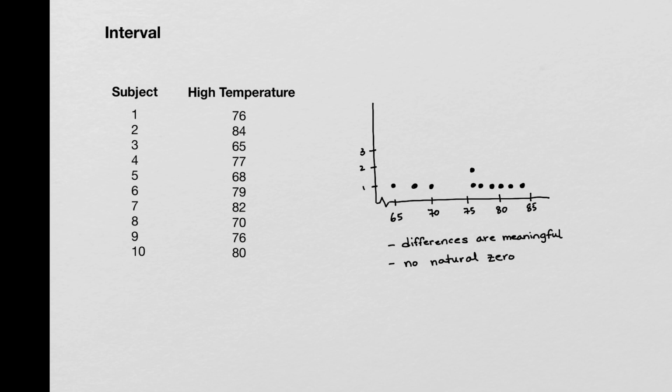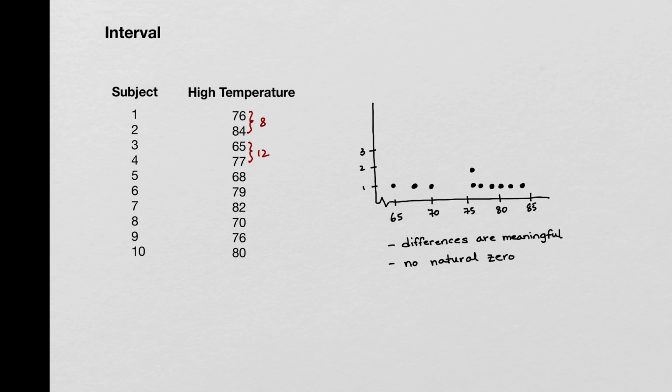So if I look at the difference between 76 and 84, I would say, well, that's an 8-degree difference. And 65 to 77, oh, well, that's a 12-degree difference, so that's not the same, but you can talk about the differences between two values, and those values have meaning.